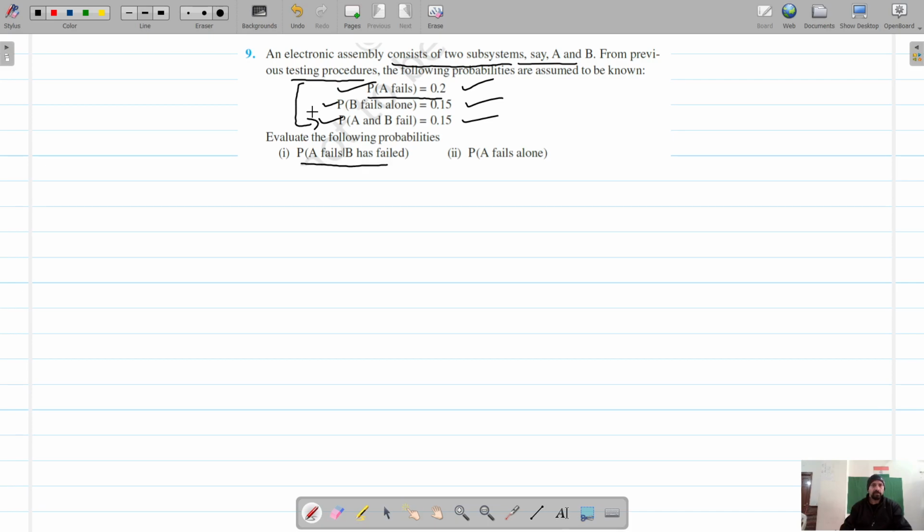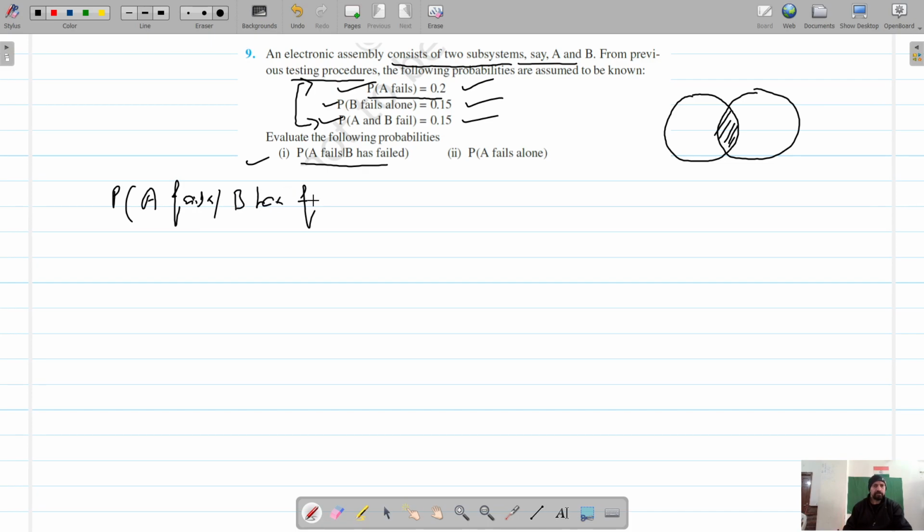Let's say this is the probability that A has failed, this is the probability that B has failed, and this is the probability that both have failed. Now we have to find the probability of A failing when B has already failed.